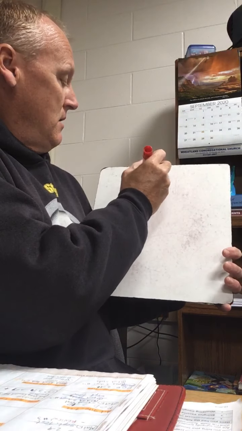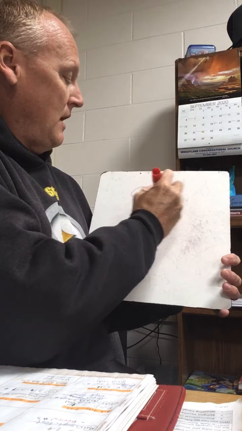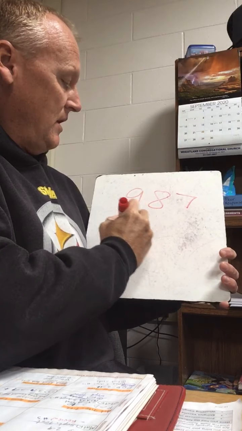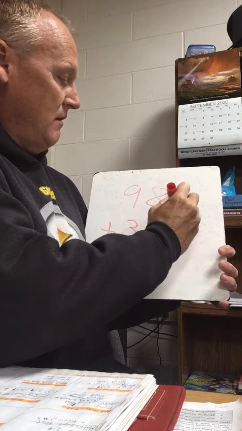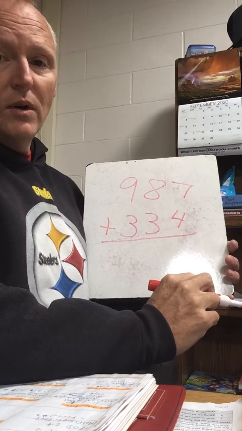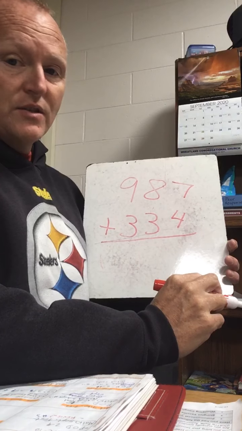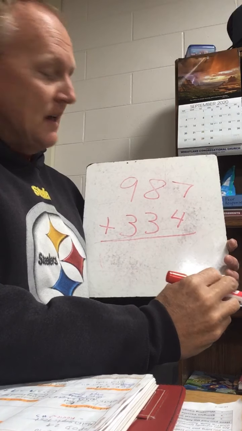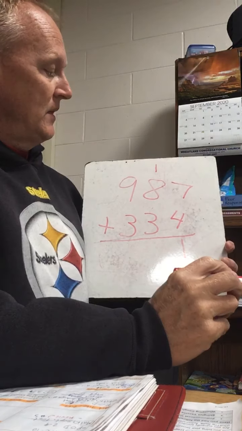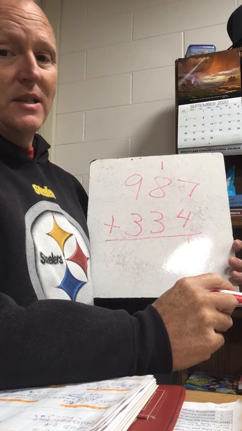Let's try 987 plus 334. Okay, first in the ones place you have 7 plus 4. That equals 11. So you bring down your 1, carry your other 1. Okay, now you're in the tens place.